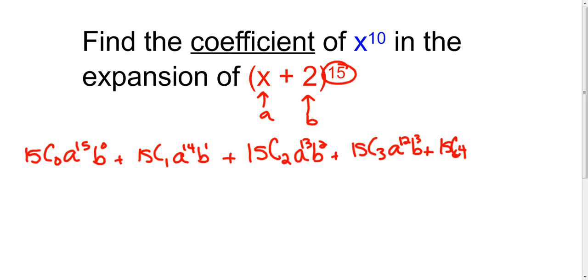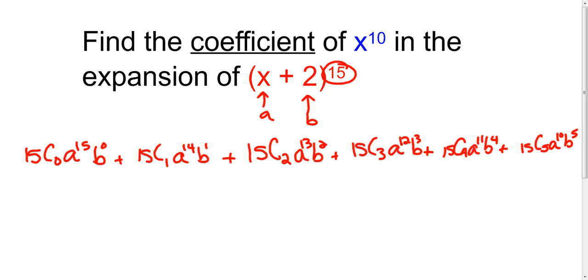What am I doing here? Sorry, I'm going to start this one over. This should be 15C4, A to the 11th, B to the 4th, and then 15C5, A to the 10th, B to the 5th, okay?